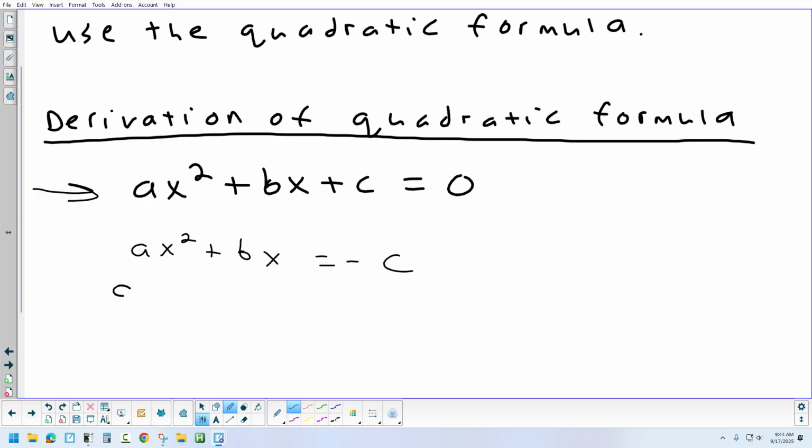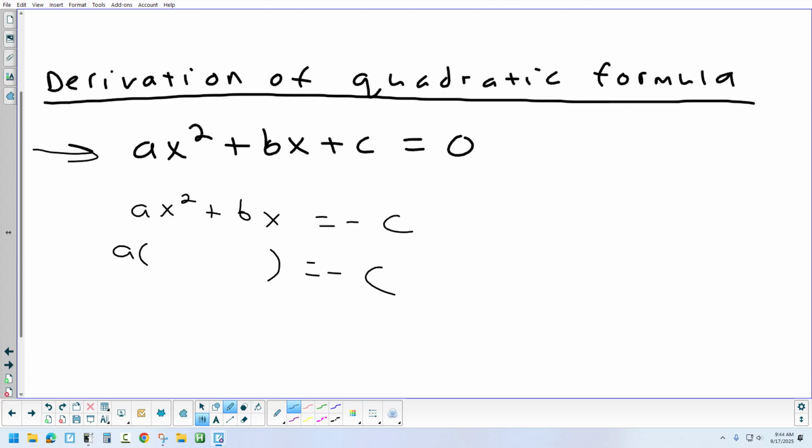So Marcelo, if I factor out a, what does that leave me with on the left? x squared plus b divided by a x.